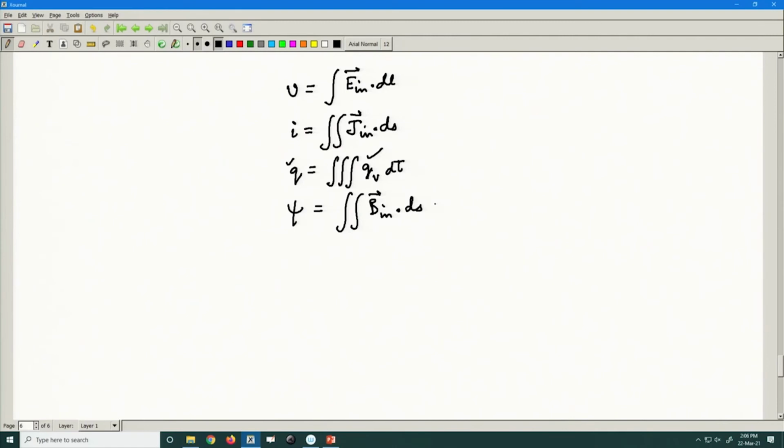The magnetic flux is given by the double integral of the magnetic flux density B in dot ds.